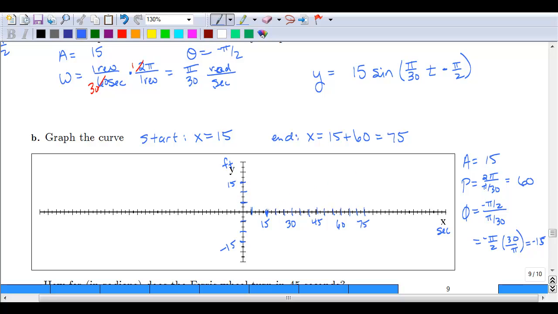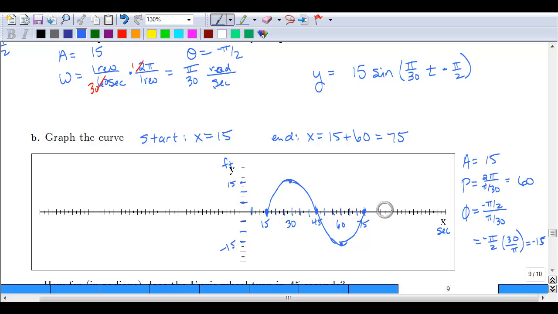So again, sine is going to start at 0, go up to our amplitude 15 at 30, go back to 0 at 45, our halfway point, go to -15 at our 3/4 point, and then back to 0. So we fill in our sine function.